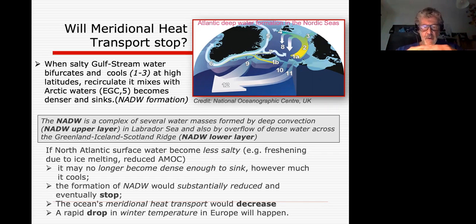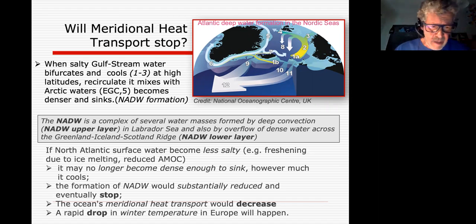And if this water is not dense enough, formation could eventually stop, and this means that the thermohaline or thermodynamical engine that moves the meridional heat transport would decrease, and again as a positive feedback, leads to a further reduction of dense water formation and its characteristics, reducing the density signature.